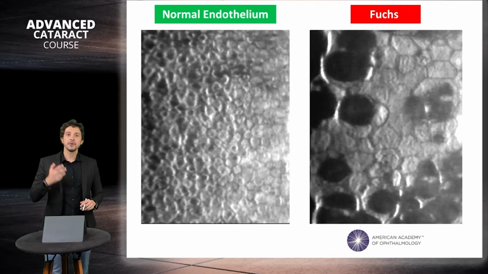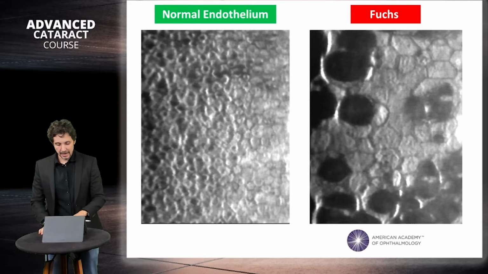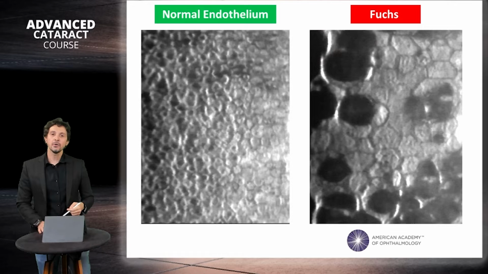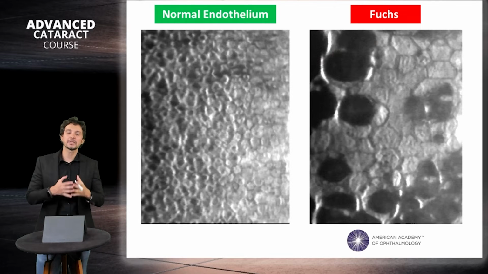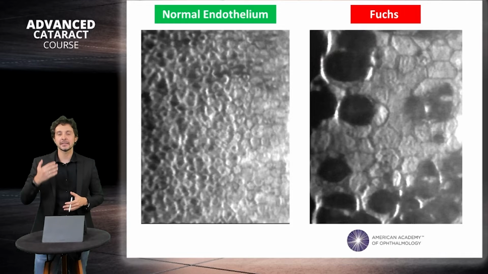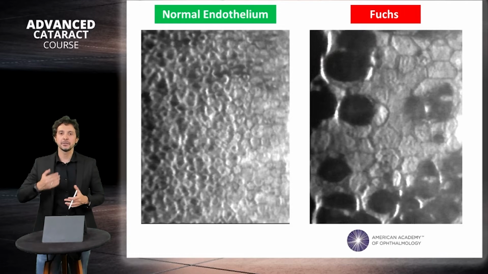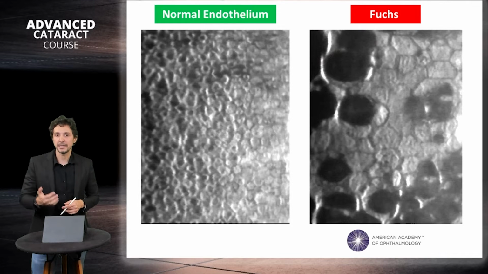Here you have the normal endothelium and you have a Fuchs endothelium. The most important point in the applied anatomy of the cornea is the endothelium, which you can analyze with specular microscopy.